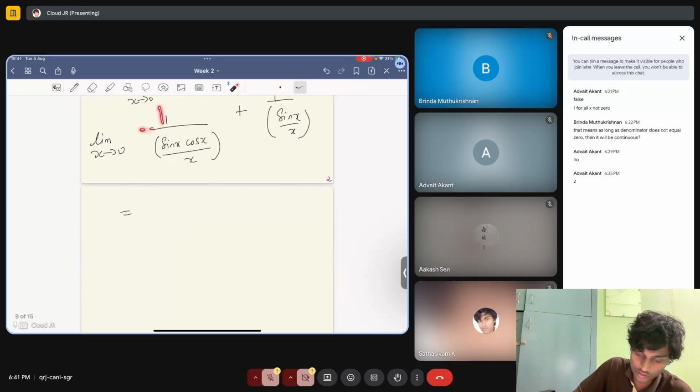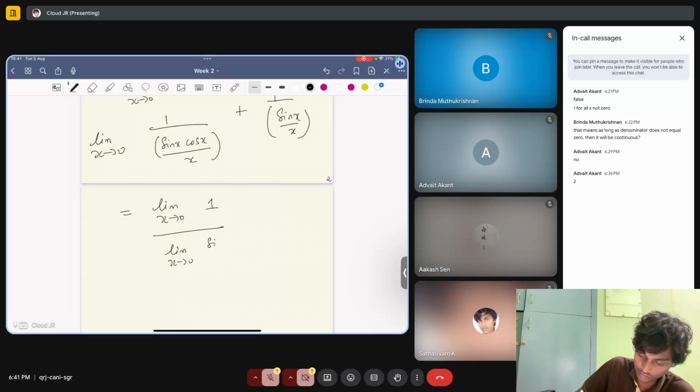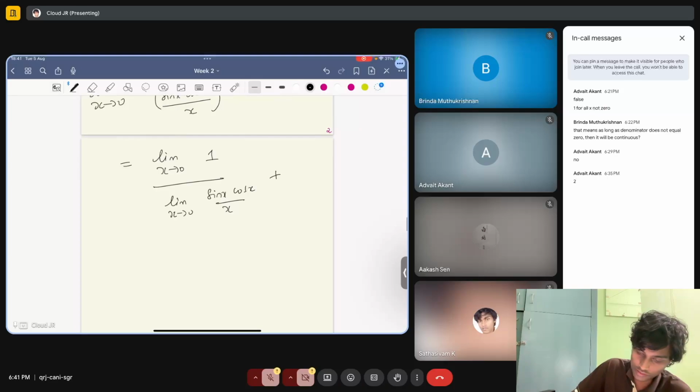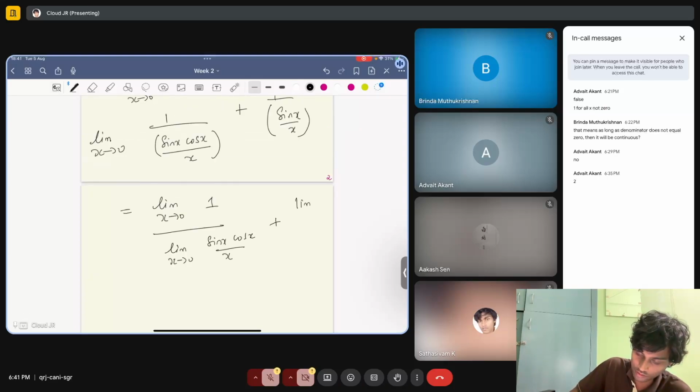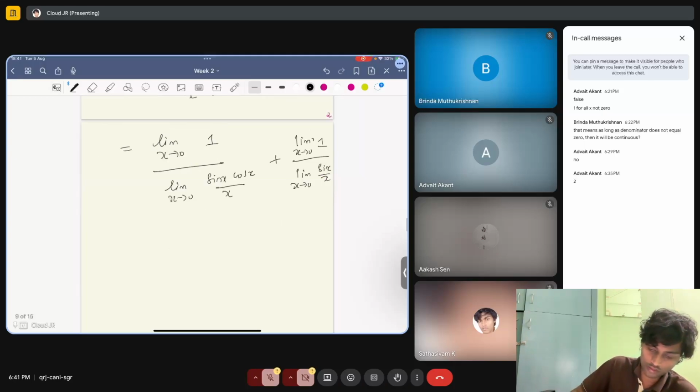The limit of a quotient is nothing but the quotient of the limits. So this will be the limit as x tends to 0 of 1, divided by the limit as x tends to 0 of sin x by x, times the limit of cos x, plus the limit as x tends to 0 of 1 divided by the limit as x tends to 0 of sin x by x. Okay.